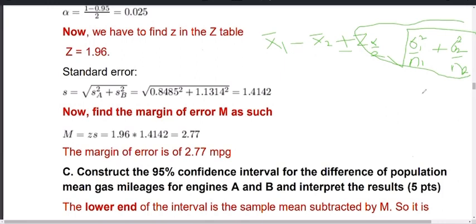So I'm going to check the Z table, given the level of significance, and that gives me 1.96.